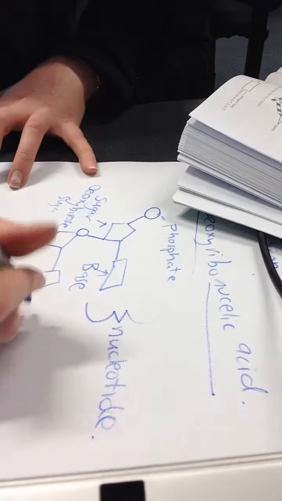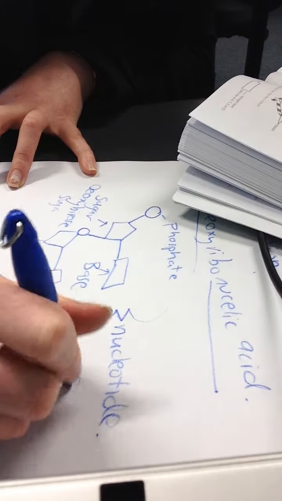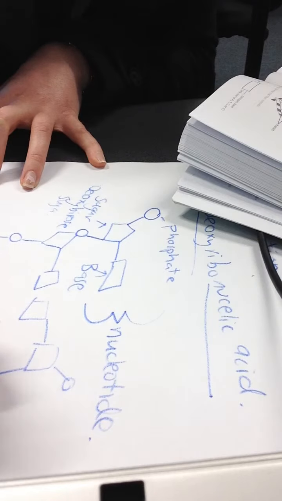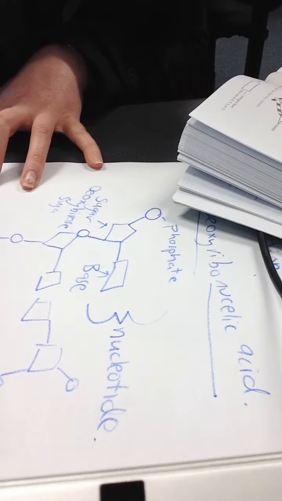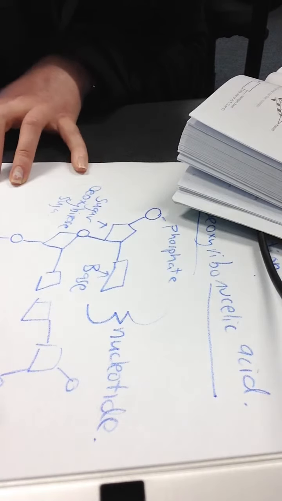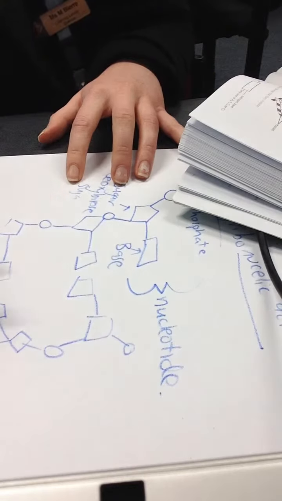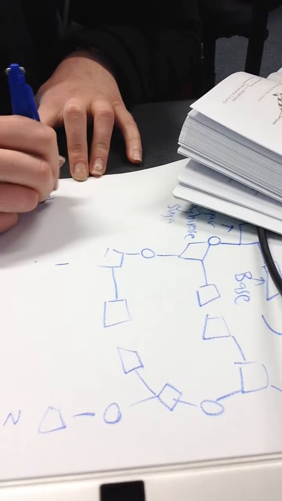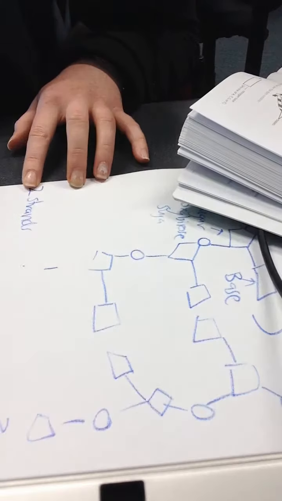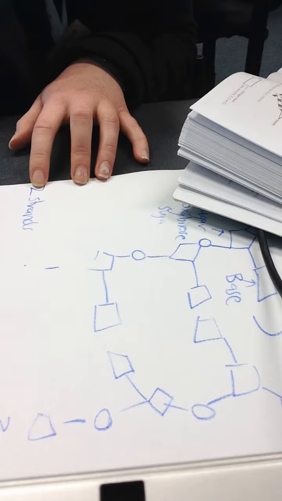And the same on the other side, base, sugar, phosphate, running parallel. So DNA, one strand, two strands of DNA make up DNA, basically.